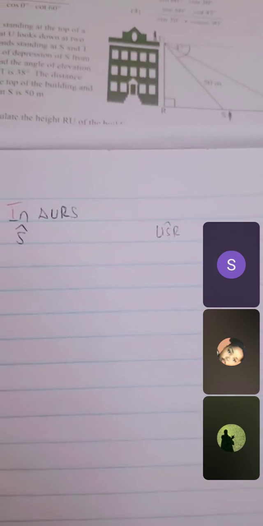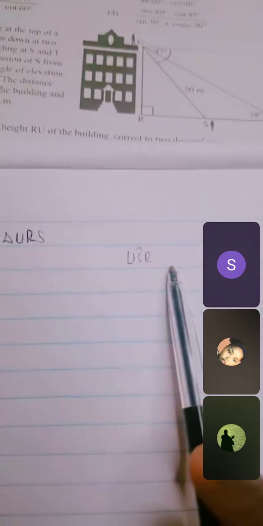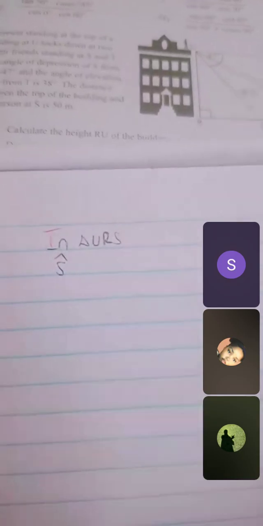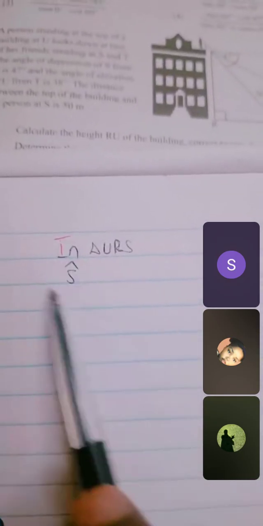Yes, sir. So there's a requirement that you do say angle USR if you do not stipulate the triangle where you're working. But if you do indicate the triangle where you are working, then it's fine to just write angle S loosely without actually saying angle USR.